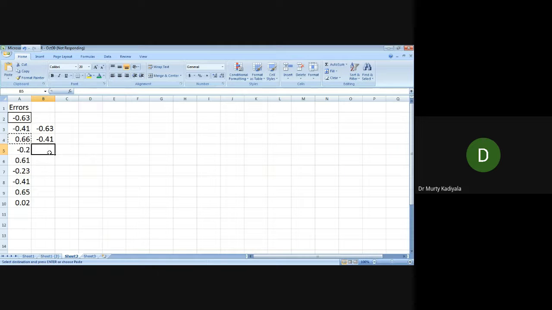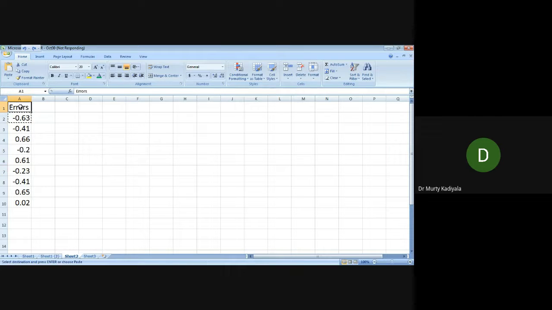You can do it this way. What I'm telling you is whether the lag one errors are influencing the next one. Today is being affected by yesterday or not. This is what we are trying to do, correct? Okay. So these are the errors.